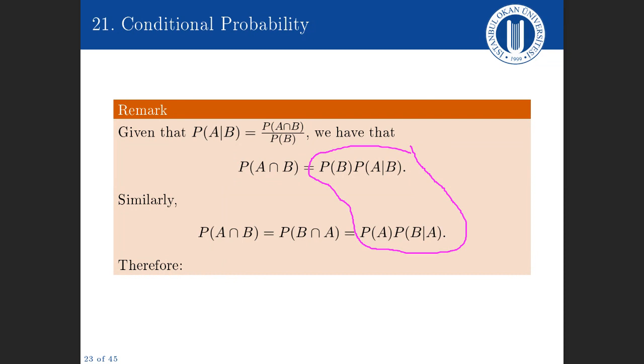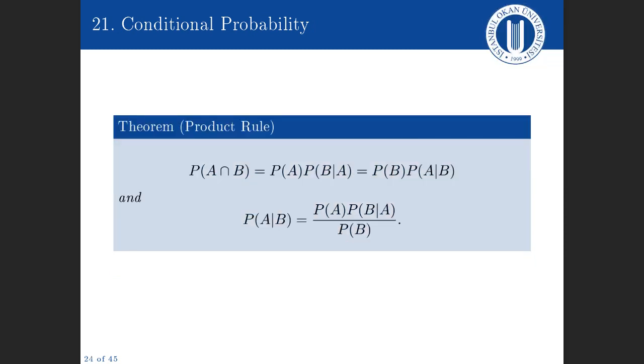Probability of B multiplied by probability of A given B is always the same as probability of A multiplied by probability of B given A. And here it is. And then if we rearrange that, the probability of A given B must be the same as the probability of A, probability of B given A, divided by the probability of B. That's another one of our key formulae that we're going to be using.